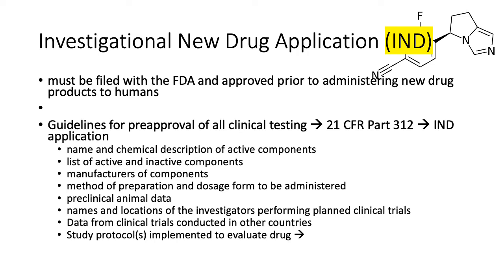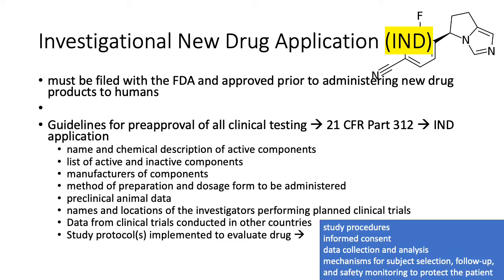The application should include the name and chemical description of active components, list of active and inactive components, manufacturers of components, method of preparation and dosage form to be administered, preclinical animal data, names and locations of the investigators performing planned clinical trials, data from clinical trials conducted in other countries, like in pre-IND meetings, and study protocols implemented to evaluate the drug. And study protocols include study procedures, informed consents.